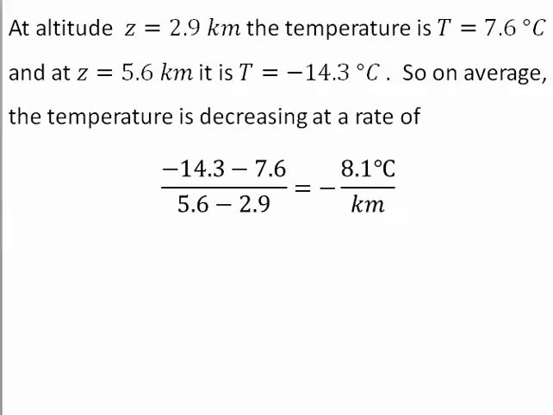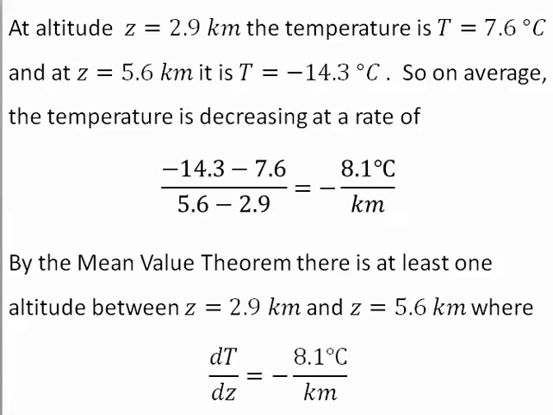Well, with these data points, on average, the temperature is decreasing at a rate of negative 8.1 Celsius per kilometer. So by the mean value theorem, there is at least one altitude where dT/dz is equal to negative 8.1 Celsius per kilometer.